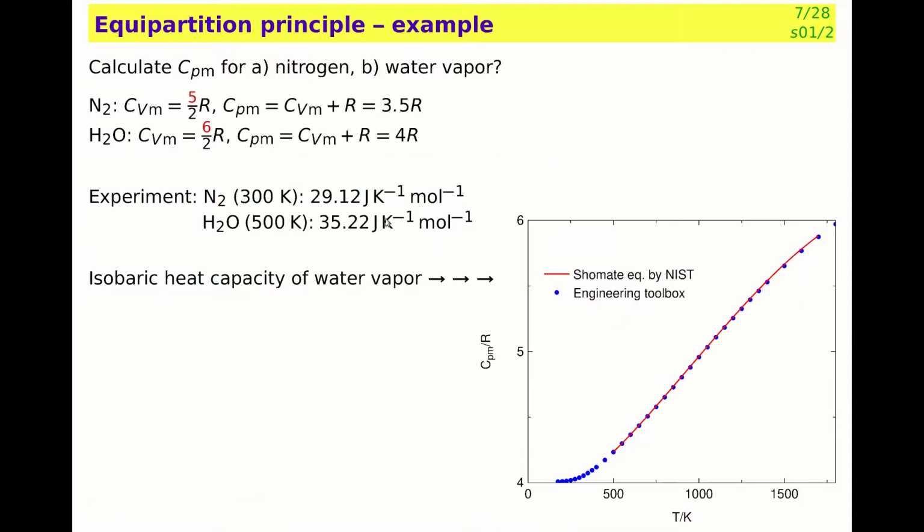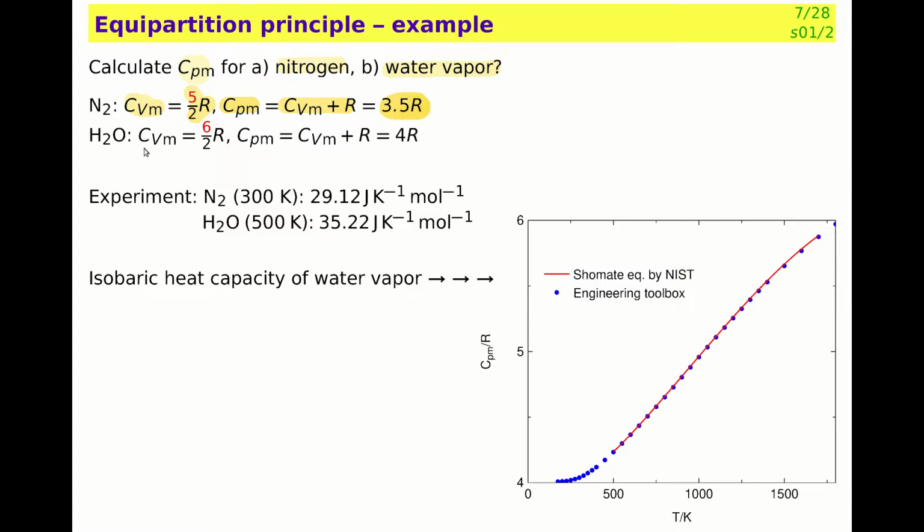There is time for examples: to calculate the isobaric heat capacity for nitrogen and for water vapor. Nitrogen is a linear molecule, so the isochoric heat capacity is 5/2 of the gas constant, and we use this formula for the isobaric heat capacity, and the total is 3.5 times the gas constant.